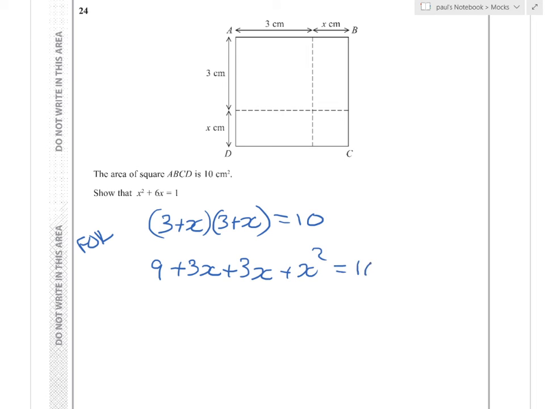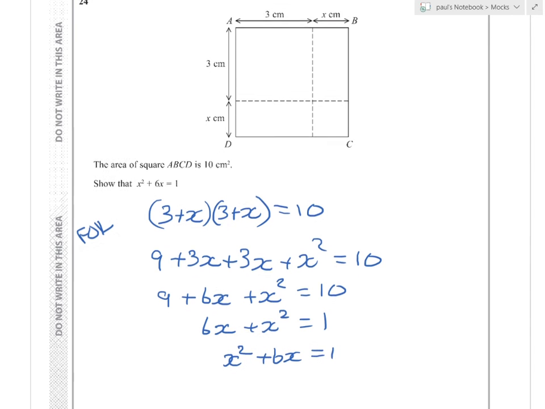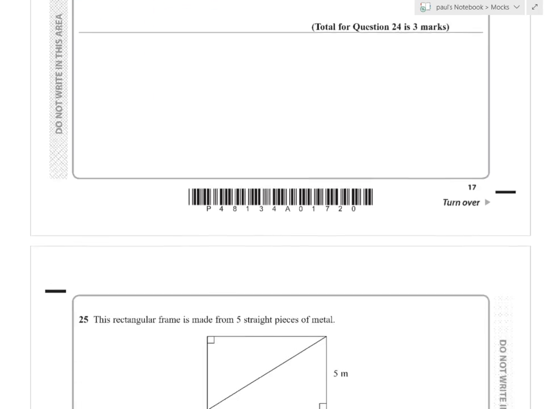Don't forget it all equals 10. Simplify the middle: 9 plus 6x plus x squared equals 10. Subtract 9, so I've got 6x plus x squared equals 1. Then I can write that the other way around: x squared plus 6x does in fact equal 1. That was a nice one.